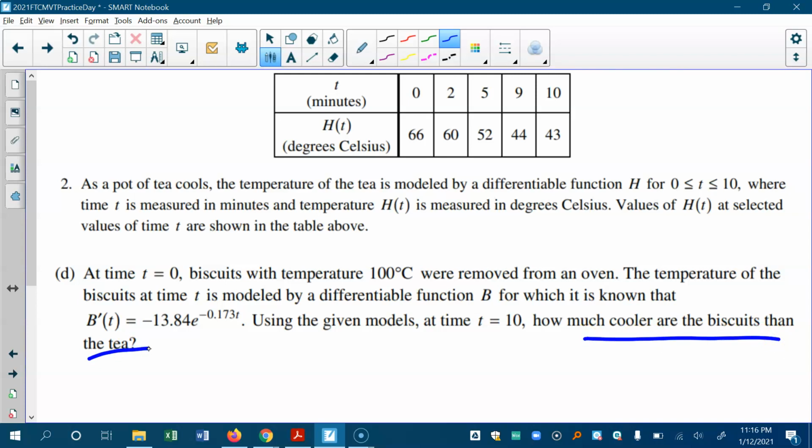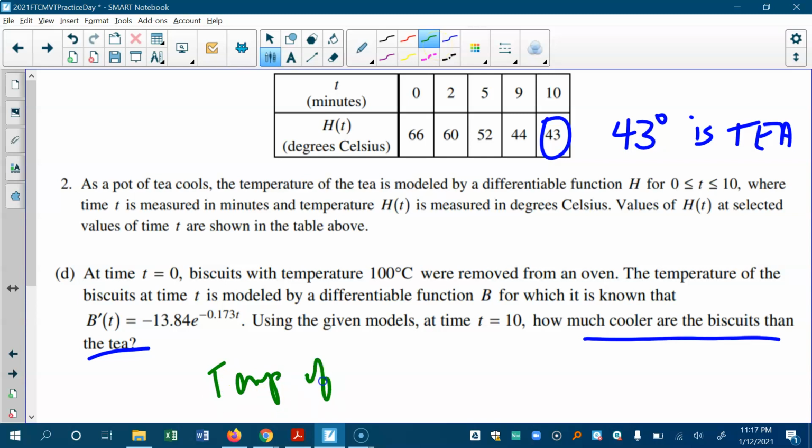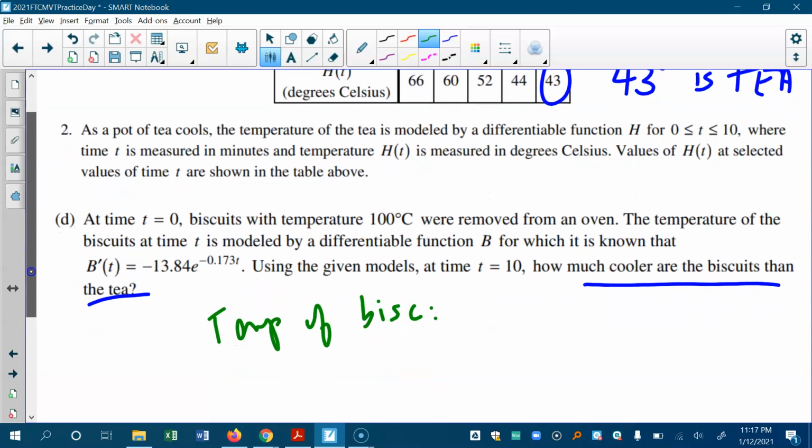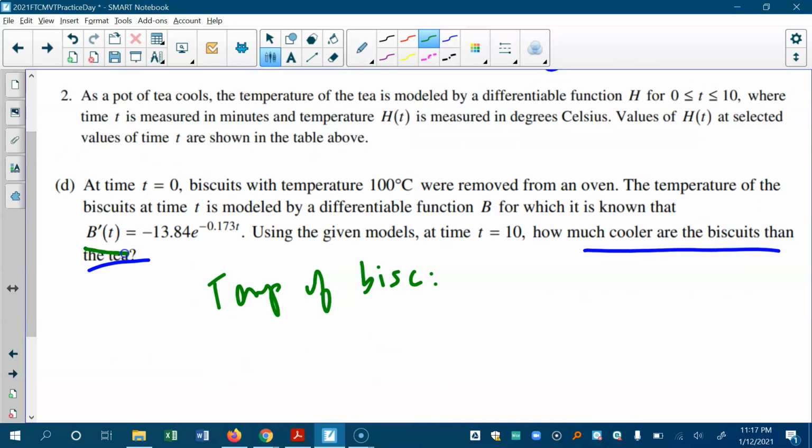Well, the tea, so my mind goes to this right away. Your mind might do something different. The tea here is 43 degrees at time t equals 10. But what we need to do is find the temperature of the biscuits, and that is going to have to be found with a calculator. They give us B prime of t. Well, B prime of t is a rate. So I'm going to use a different color here.